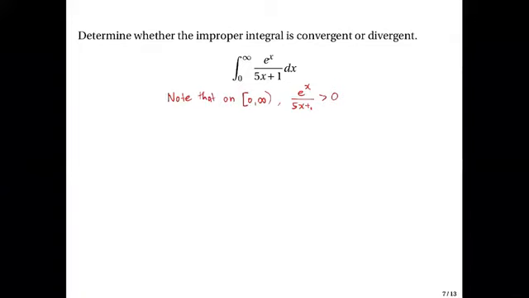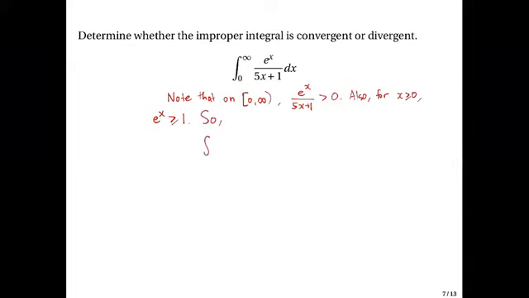Also, for x greater than or equal to 0, e to the x is greater than or equal to 1. At x equals 0, we have e to the 0, which is 1. For x greater than 0, you have e to the x greater than 1.